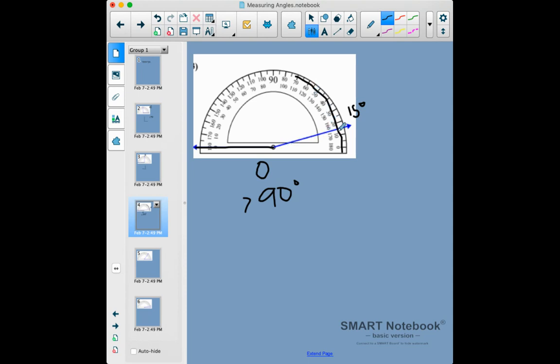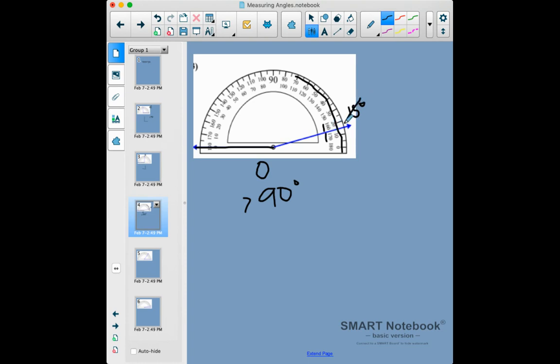This ray is in between 160 and 170. If I was counting by fives, I'm going to start at 100. I have 100, 105, 110, 115, 120, 125, 130, 135, 140, 145, 150, 155, 160, 165 degrees.